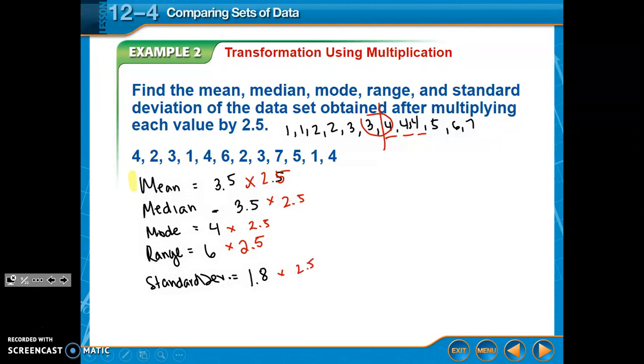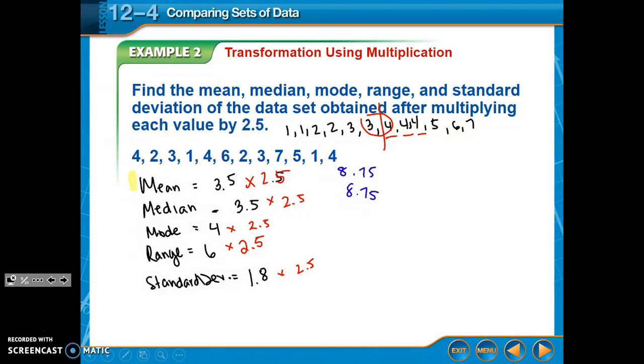Okay, so that means I'm going to get my numbers to be 3.5 times 2.5. My new mean is going to be 8.75. My median is going to be 8.75.